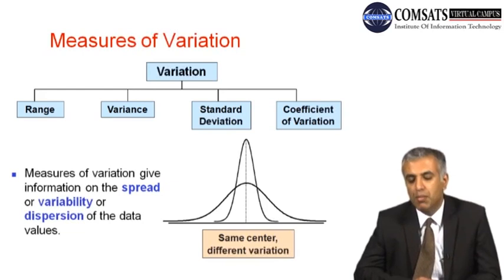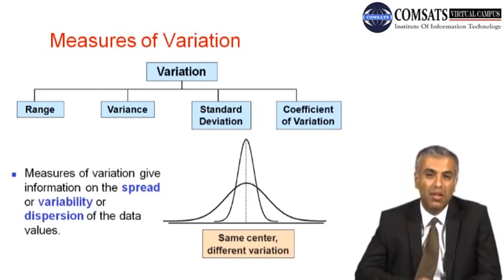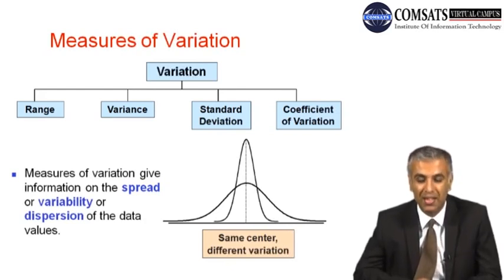If we hypothetically consider these curves as a set of values which are placed at certain points, and we have just plotted these values here, and these values are making these curves, then from these two different data sets and from these two different curves, we can see that both have got the same mean, both have got the same central position.